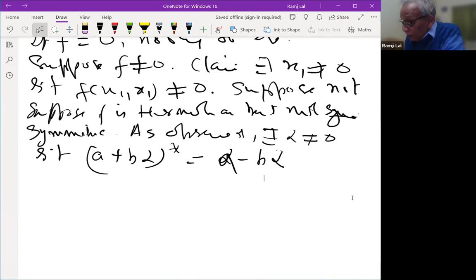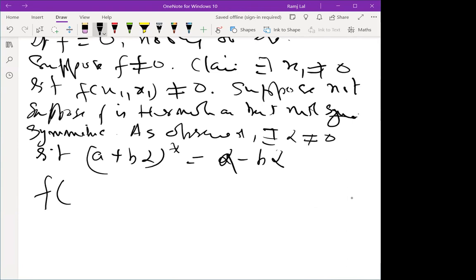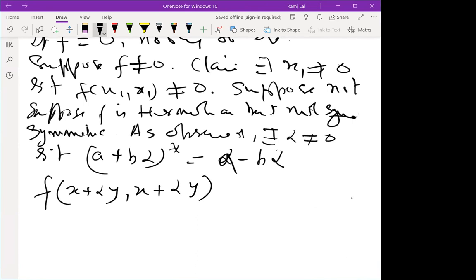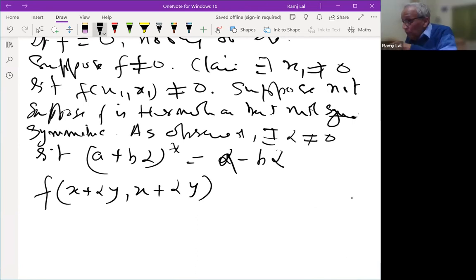Now we have assumed that F of x, x is 0 for every x. So for this alpha, you take F of x plus alpha y, x plus alpha y, where x and y are members of the vector space. This is 0, since F x x is already 0 and F alpha y, alpha y is already 0.